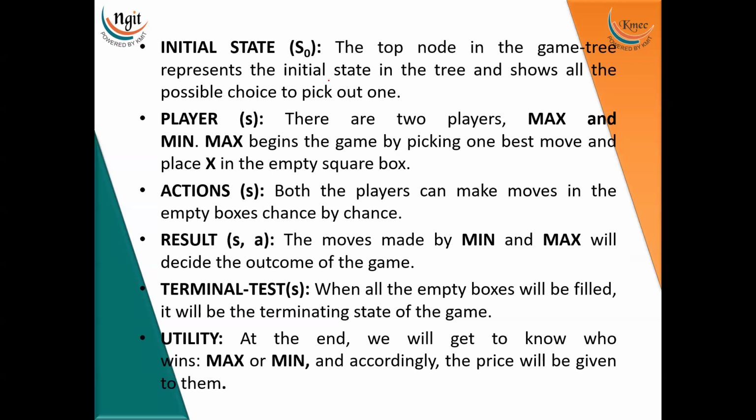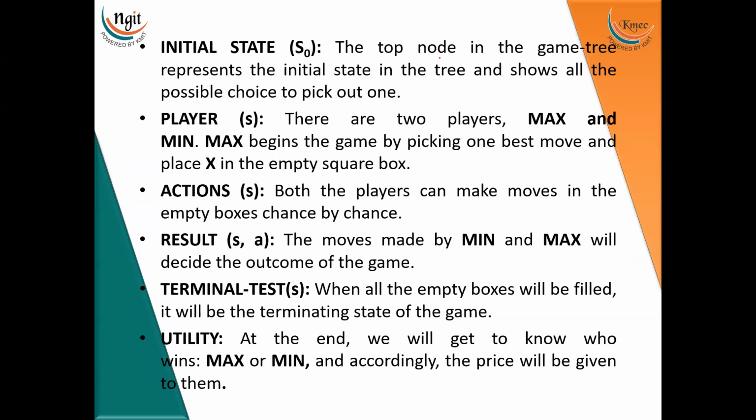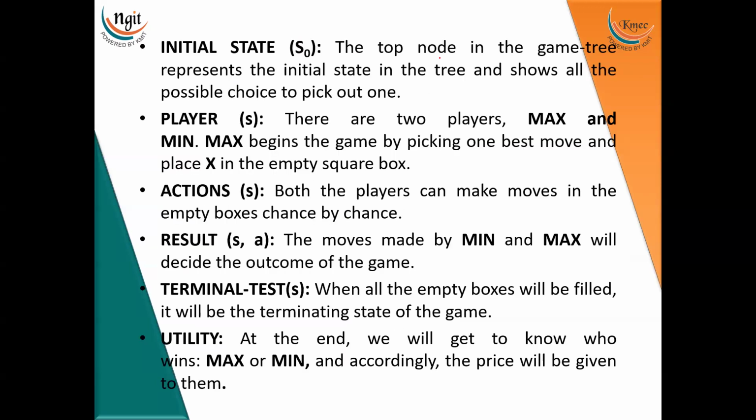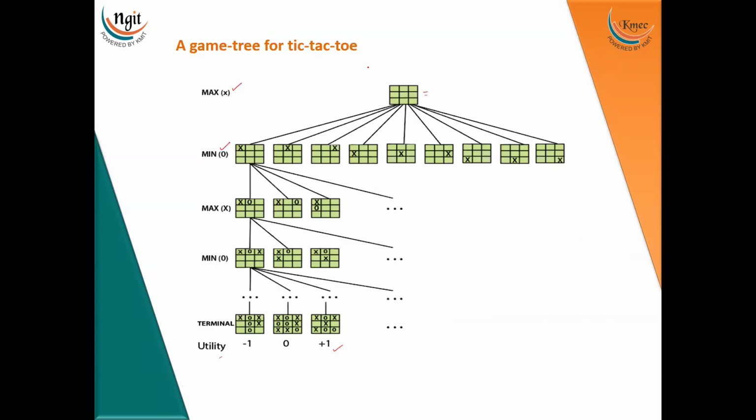Here, the top node in the game tree represents the initial state, that is this one. Then players: I already told you there are two players, one is max and one is min. And always remember, max begins the game by picking one best move and placing X in an empty square. Actions: both players can make moves in the empty boxes chance by chance, that is nothing but the actions.